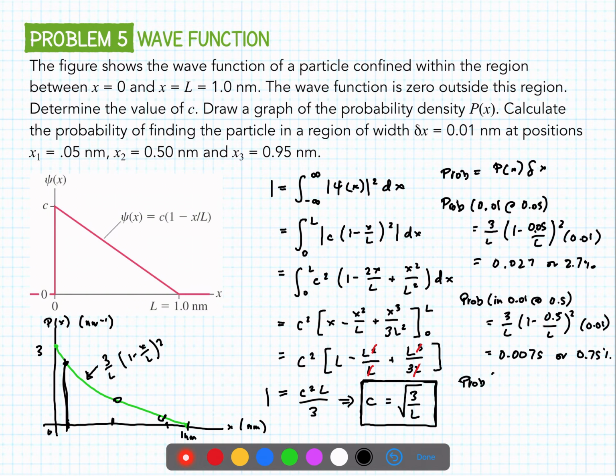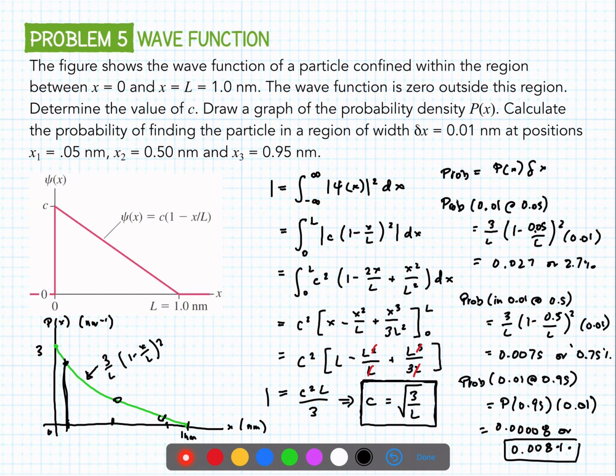And then the probability that you're in 0.01 at 0.95. You just plug in 0.95, so that's P of 0.95 times 0.01, and that should give you 0.00008 or 0.008%.